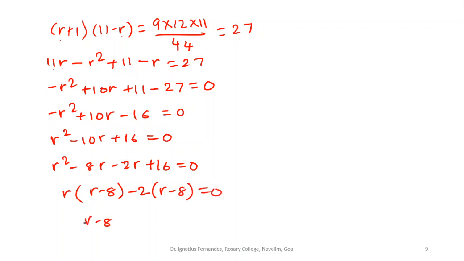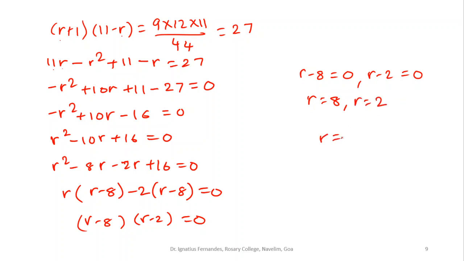Or R minus 8 into R minus 2 equal to 0, which means either R minus 8 is equal to 0 or R minus 2 equal to 0. So either R is equal to 8 or R is equal to 2. So I get the answers, R can be 2 or 8. This is the answer for that question.